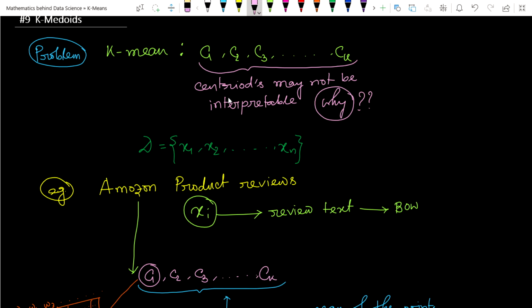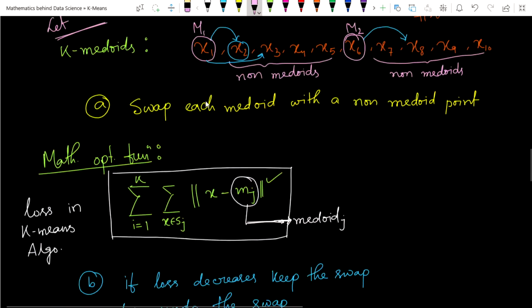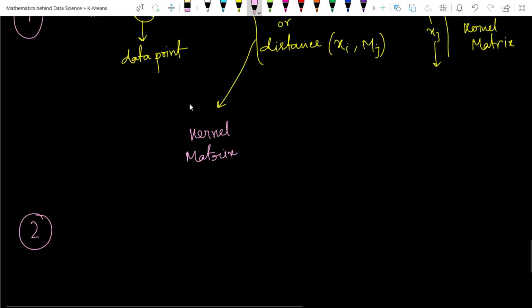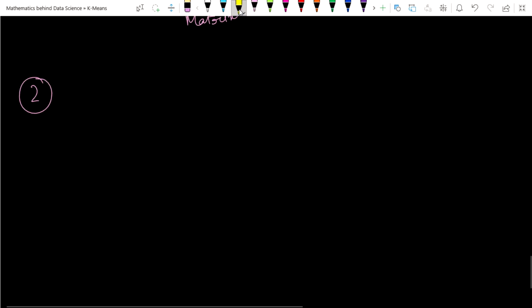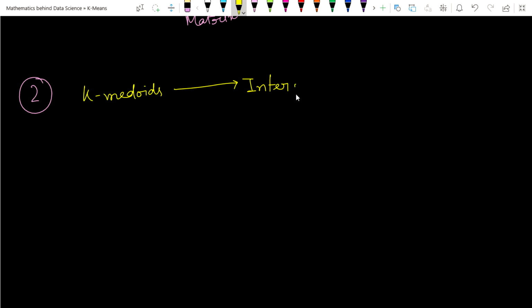But in the K-Medoids technique, it lies on our data point, so it is possible to interpret it. First thing, it is interpretable.